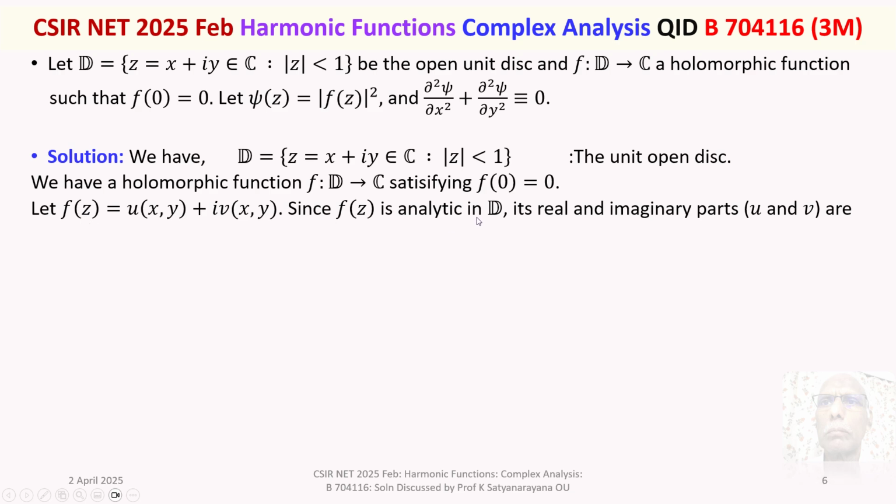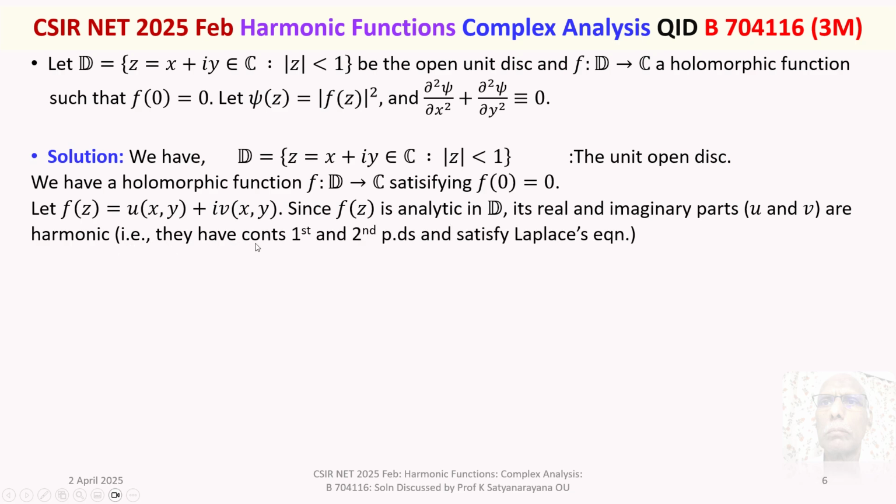Since f of z is analytic in D, its real and imaginary parts, that is u and v, are harmonic functions. What do we mean by harmonic functions? That is, they have continuous first and second order partial derivatives and satisfy Laplace's equation. So, the real and imaginary parts of an analytic function are harmonic.